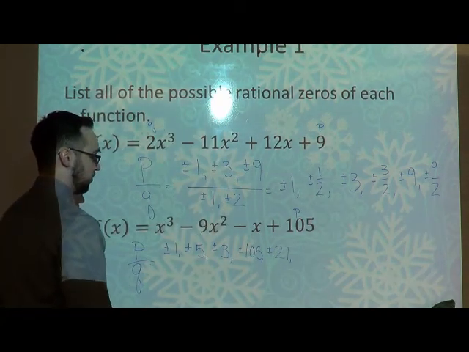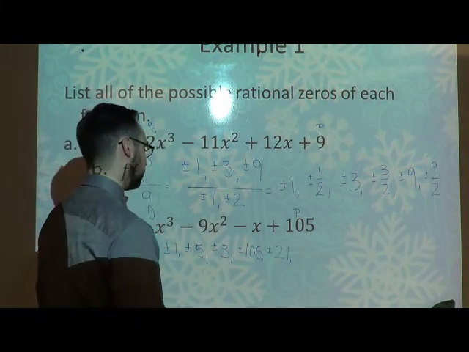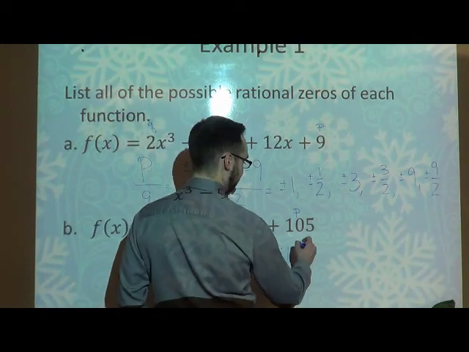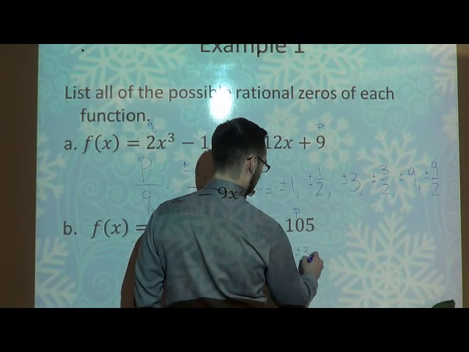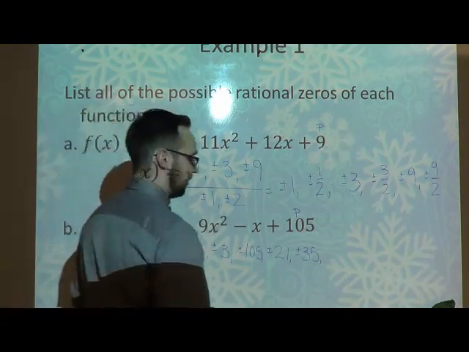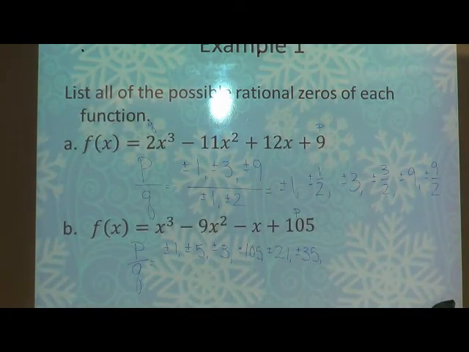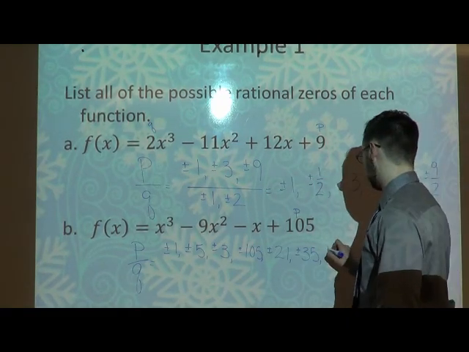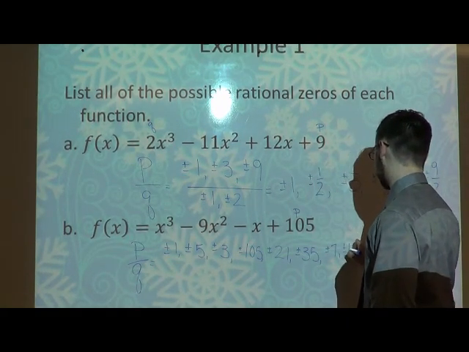And it's going to be 3 and 35. And then I believe it should also be 7. Yeah, it should be 7 and 15. So plus or minus 7, plus or minus 15.